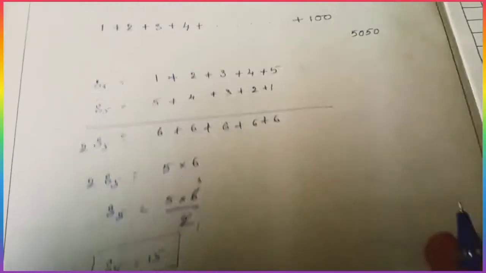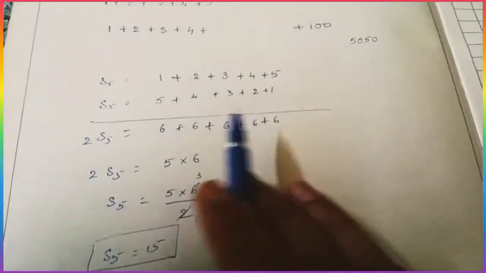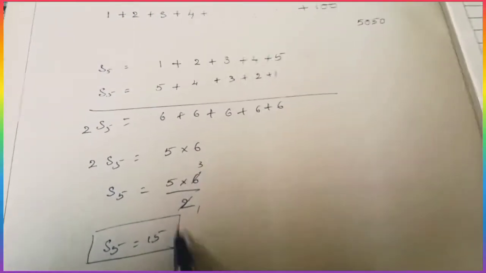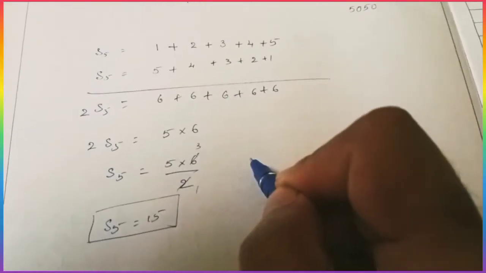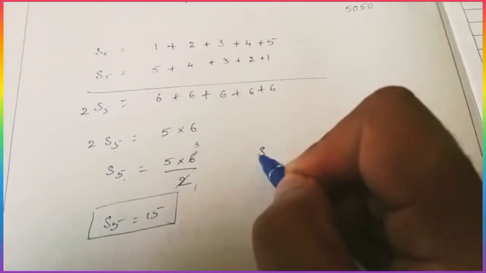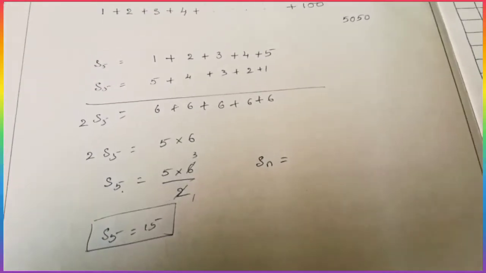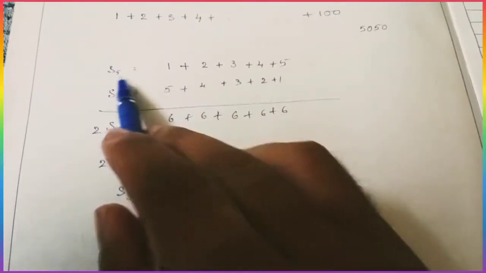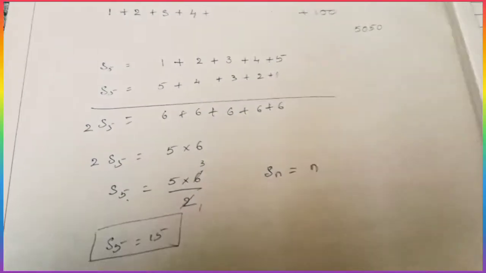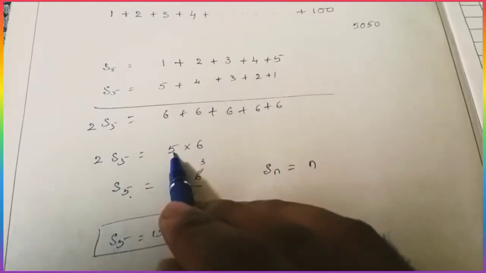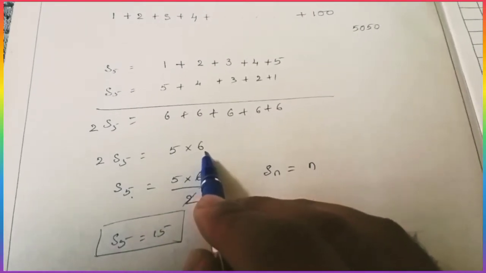It's very simple. Whenever you get natural numbers continuously, we can use this formula. How can the general form of this formula be written? Instead of 5, we will consider n terms. Here 5 means 5 terms are there, so n means n terms are there. For 5, what was it multiplied by? 6, which is next to 5.